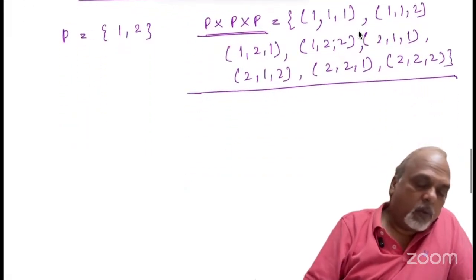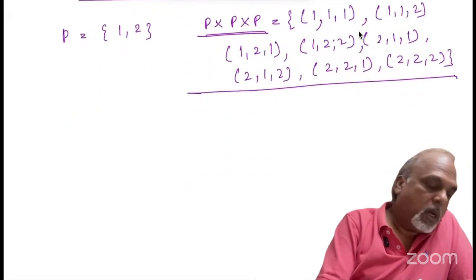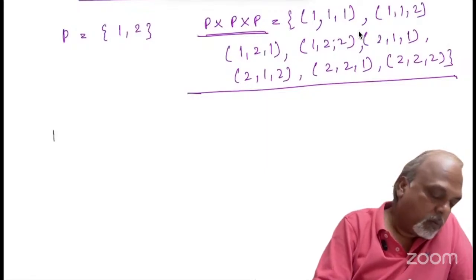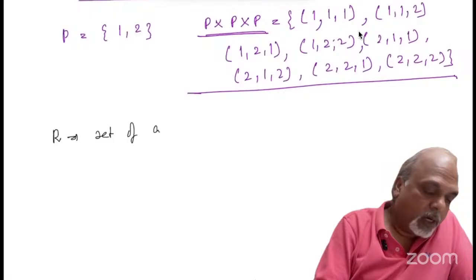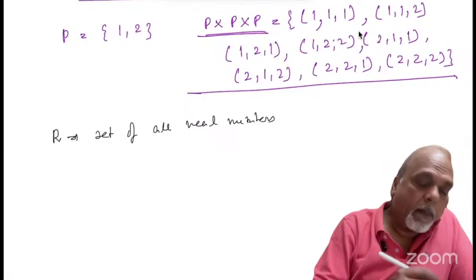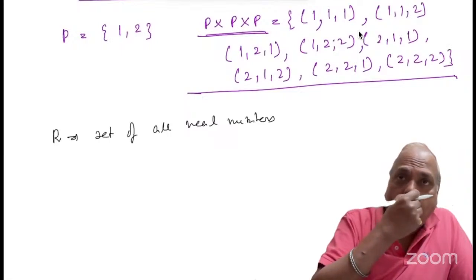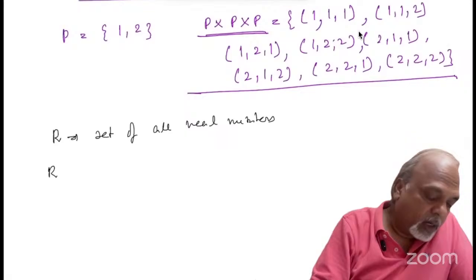Correct. Now, suppose if you have R, it is the set of all real numbers. We know that R is denoted by the set of all real numbers. Then what will be this R cross R?